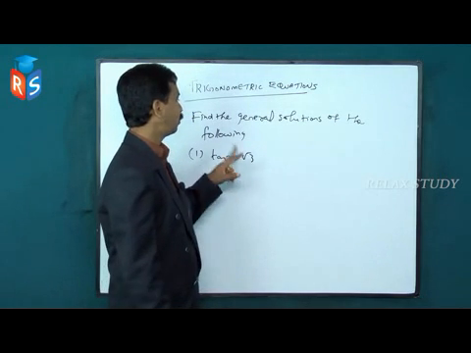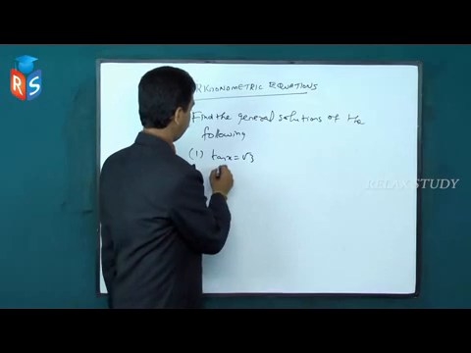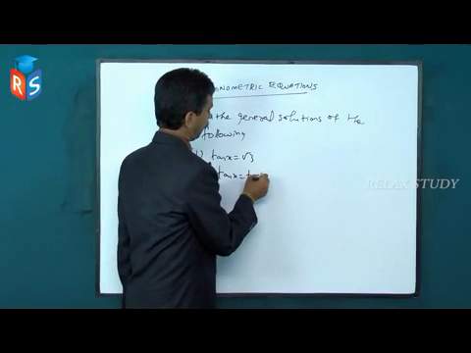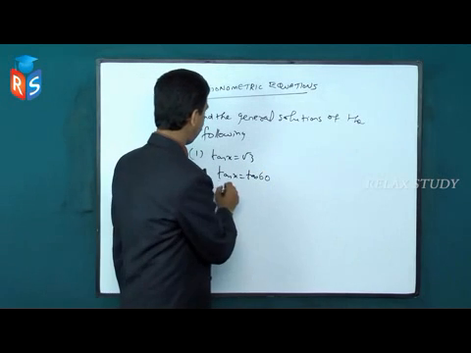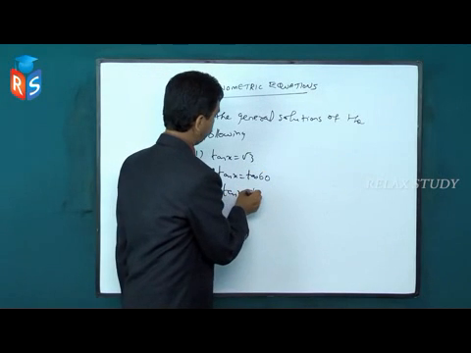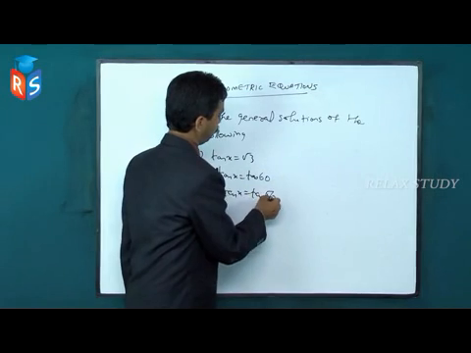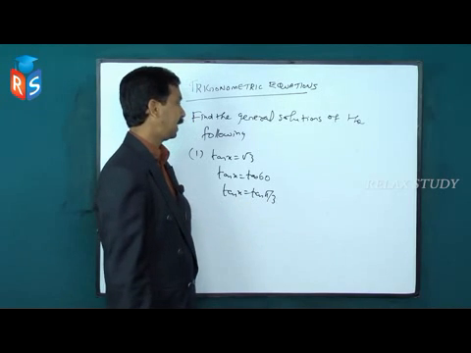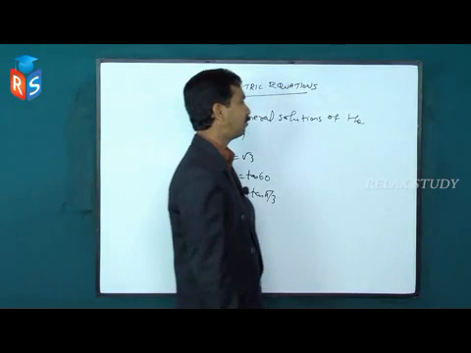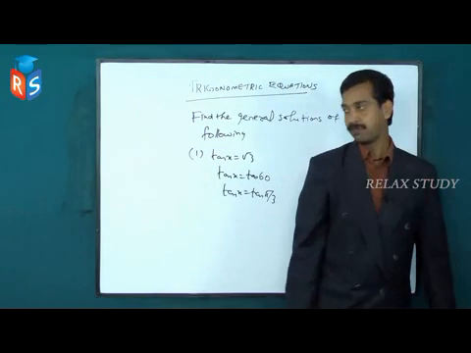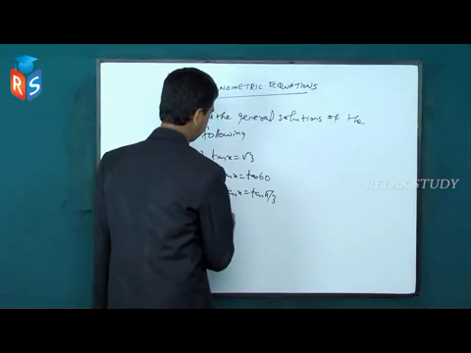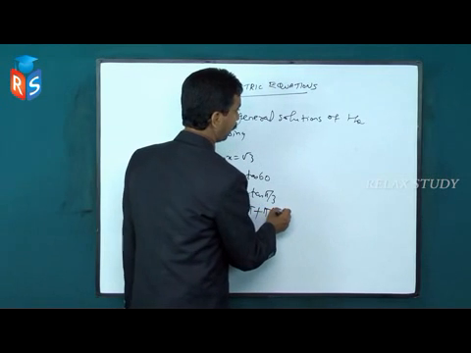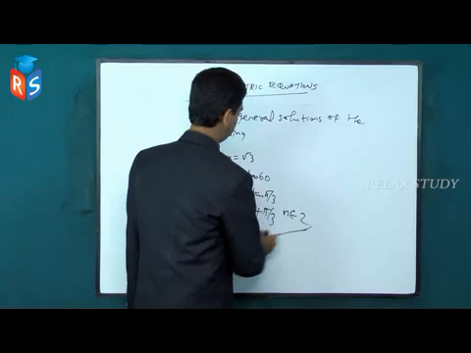Tan x equals root 3 means tan x equals tan 60, or tan x equals tan π/3. Here θ equals x and α equals π/3. We have studied tan θ equals tan α implies θ equals nπ + α. So x equals nπ + π/3, n element of Z.